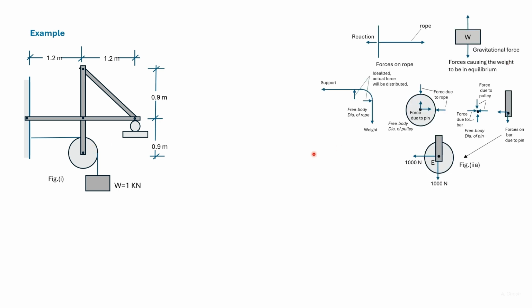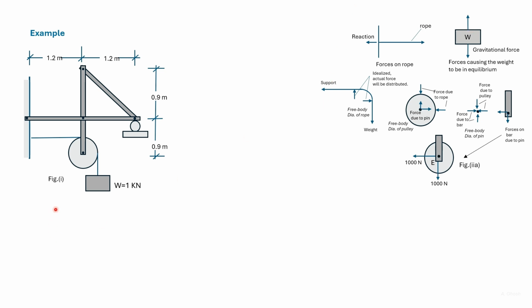When considering the pulley, we'll look at equilibrium of different parts. So let us look at the weight first. The weight is subjected to a gravitational force and also a force due to the rope, which keeps it in equilibrium.